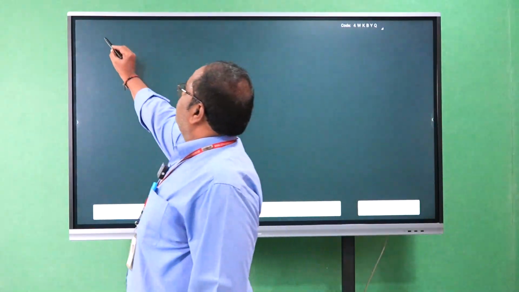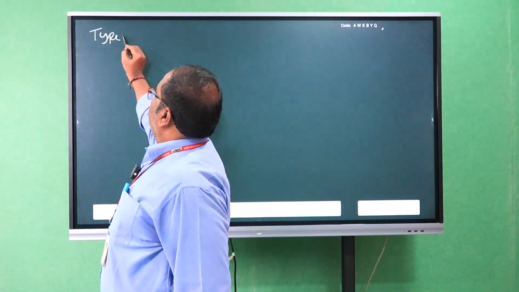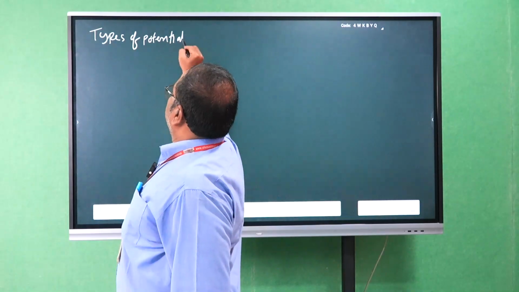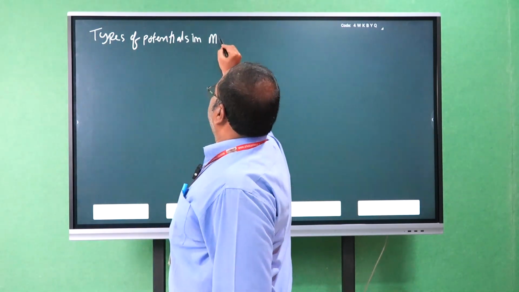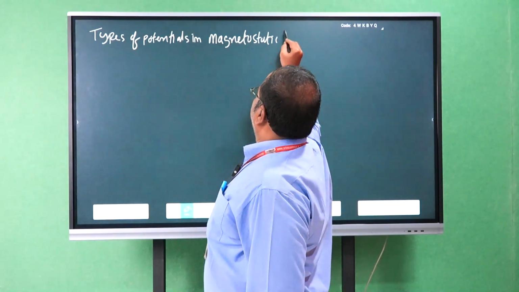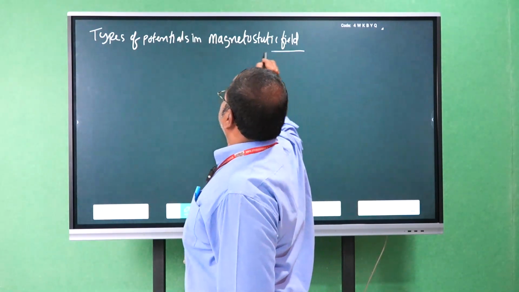Types of potentials in the magnetostatic field. What are the types of potentials?